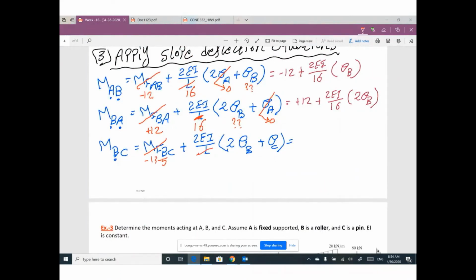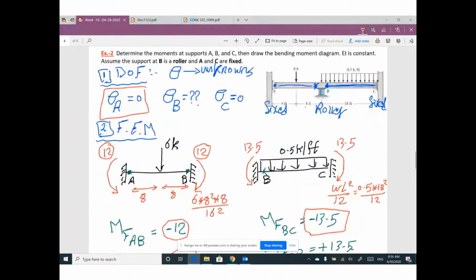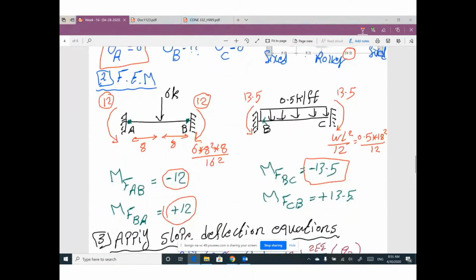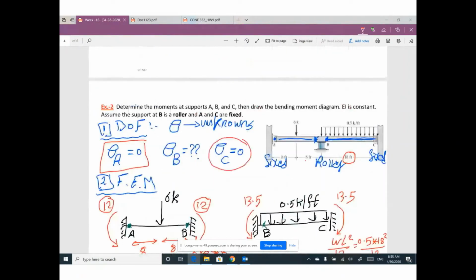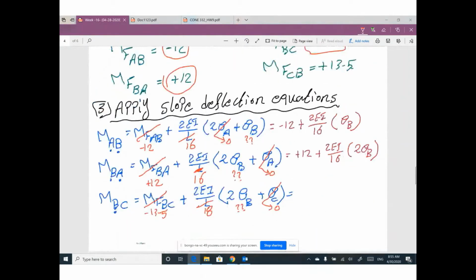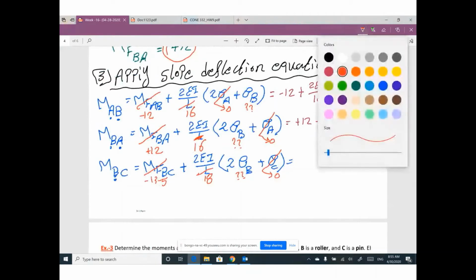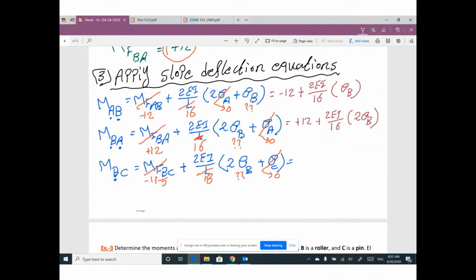L, the length of this member, how long? 18 feet. Theta B is unknown. Theta C is 0 because point C is fixed. The final shape of this equation will be negative 13.5 plus 2EI divided by 18 times 2 theta B.